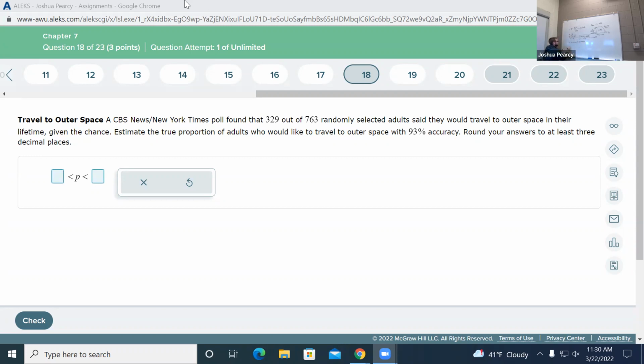And then the last step is to get the confidence interval. That would be this part, 0.4312, plus or minus this part, 0.0324.